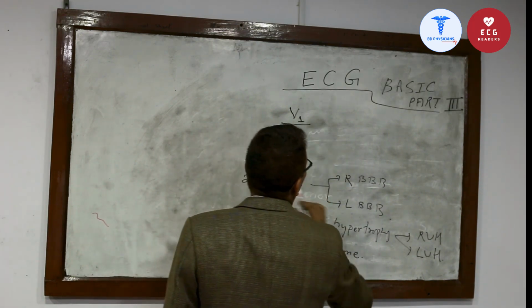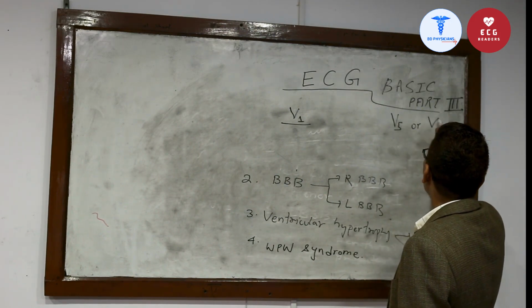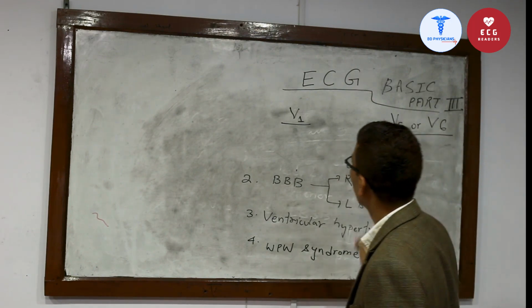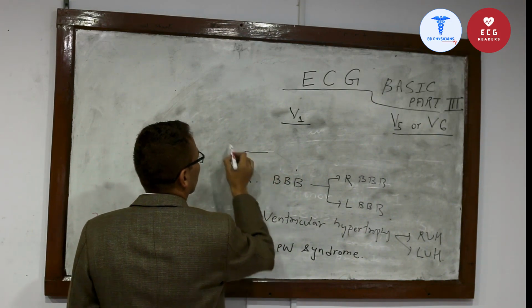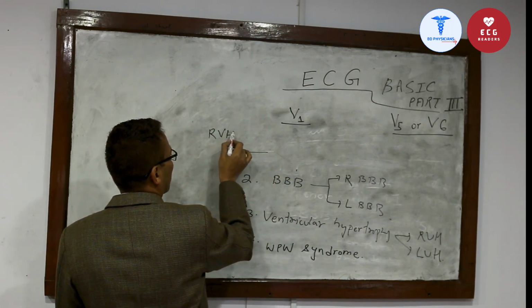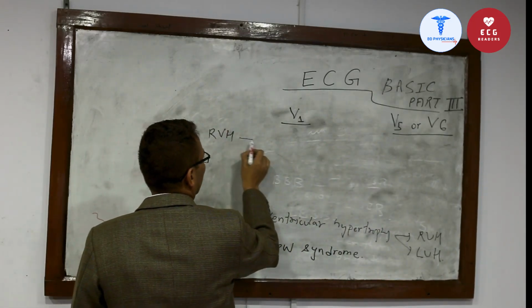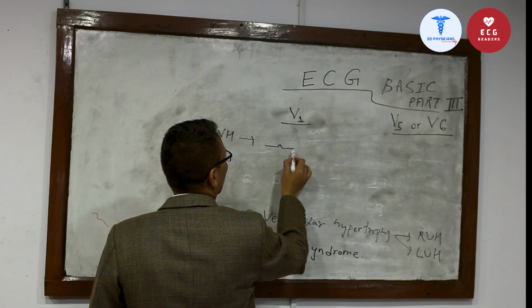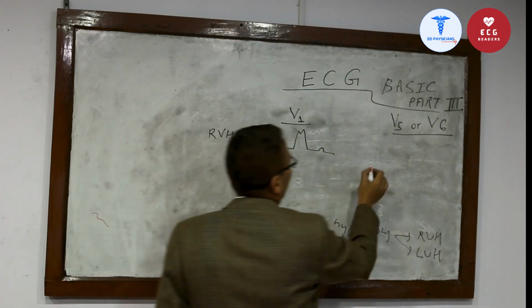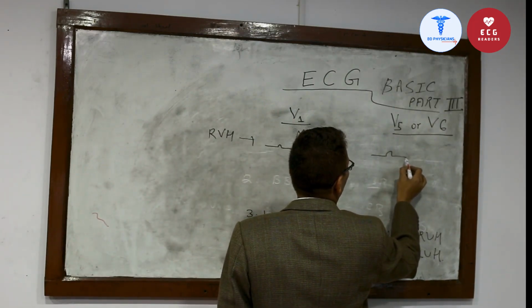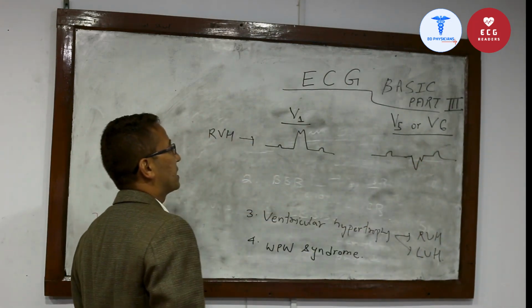See V1 and V5 or V6. In right ventricular hypertrophy, there is an M pattern in V1 and a W pattern in V5 or V6.